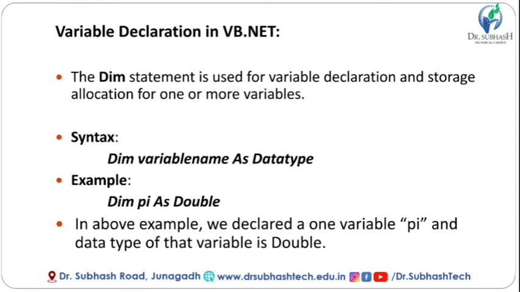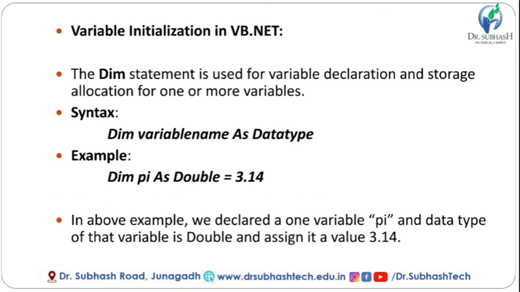In the above example we declared one variable pi, and the data type of that variable is Double. First we write the Dim statement, then the variable name pi, then the keyword As, and after that the data type. Here we declared the pi variable as Double data type.